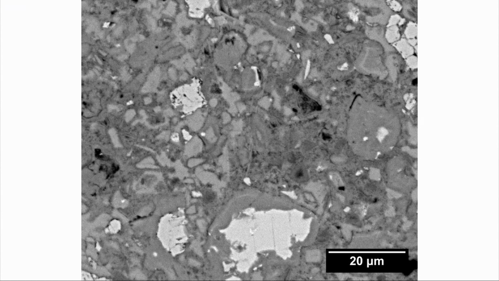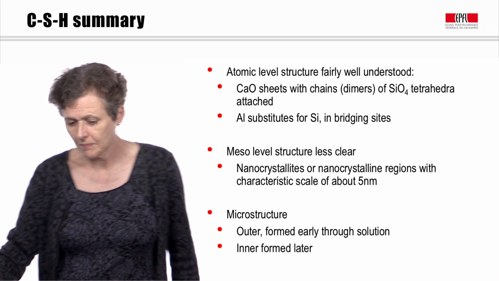So we have some regions of unhydrated cement, such as here, and these are surrounded by quite dense regions of the inner CSH. And then in the space between these large grains, we can identify this kind of outer CSH. We can see indications of this needle structure that formed very early in the beginning.